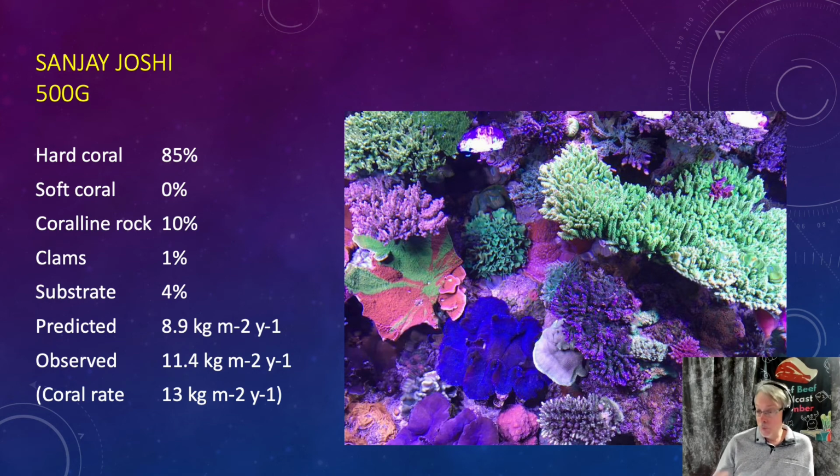So that's pretty close, right? The model did pretty well in this case. And in his case, looking at it a little bit more, I think that the coral rate in the system is about 13 calcification units.